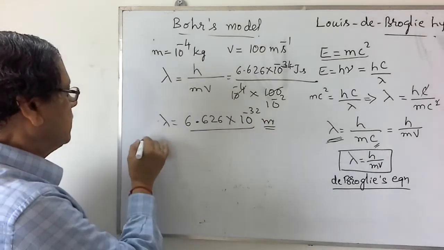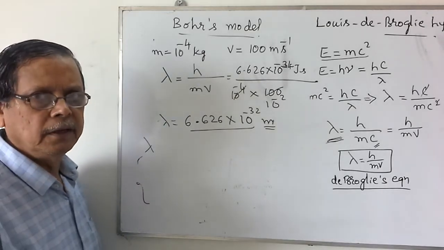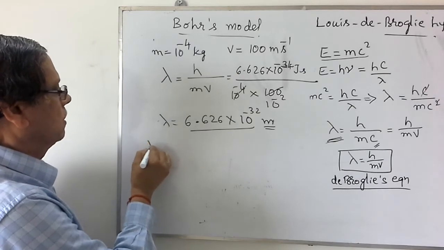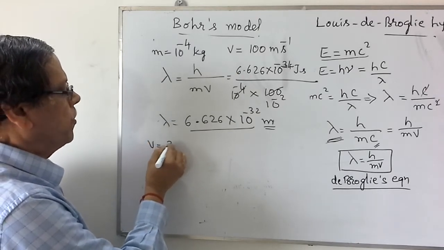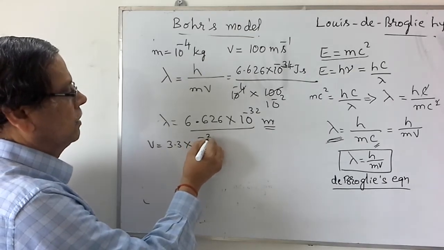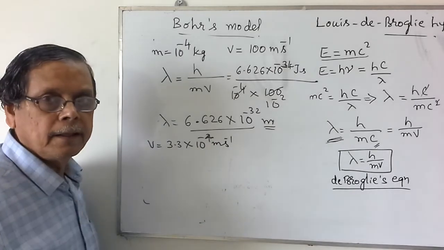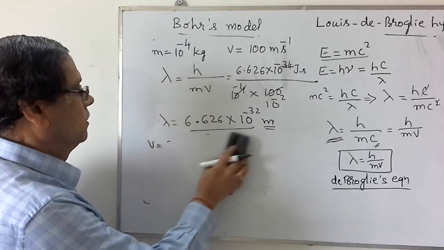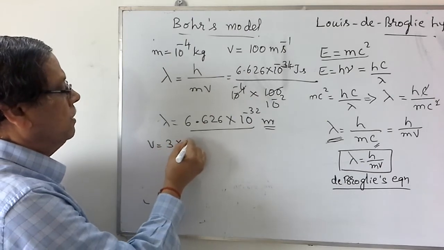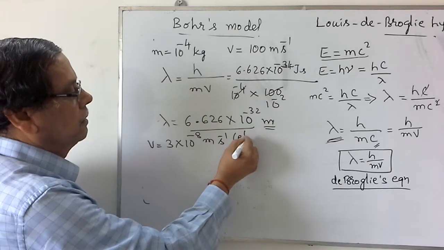Now let us calculate the lambda for the electron itself. Suppose the velocity of the electron is 3 into 10 to the power minus 8 meter per second.